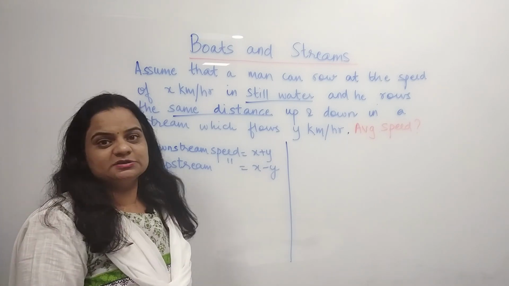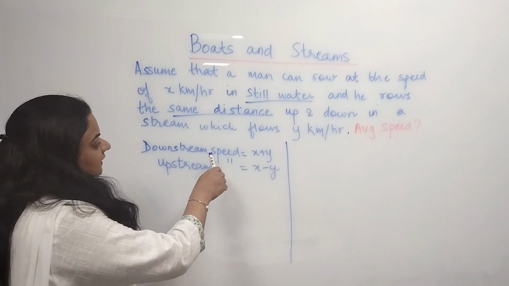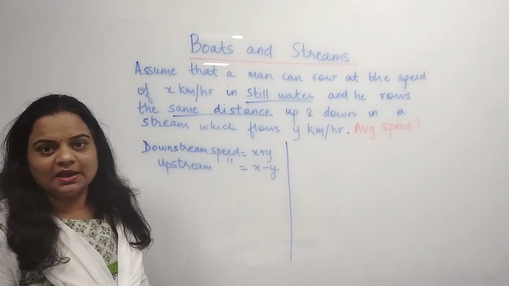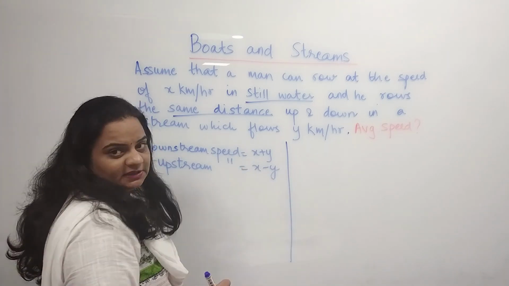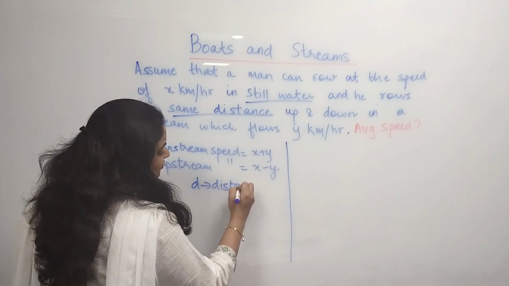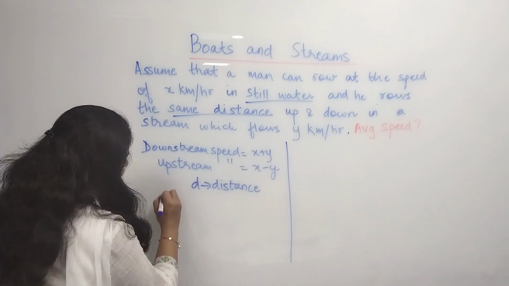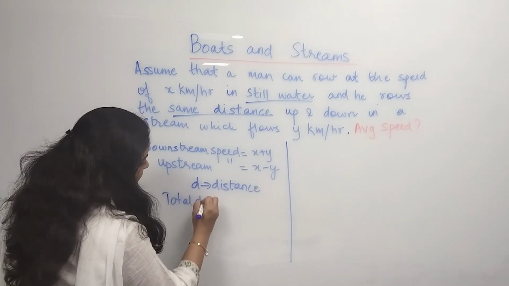Then what is the average speed of the entire journey? As we know that the downstream speed is x plus y and the upstream speed is x minus y. Let us suppose that d is the distance which the man travels one way of the journey. That is, the total distance covered is 2d.